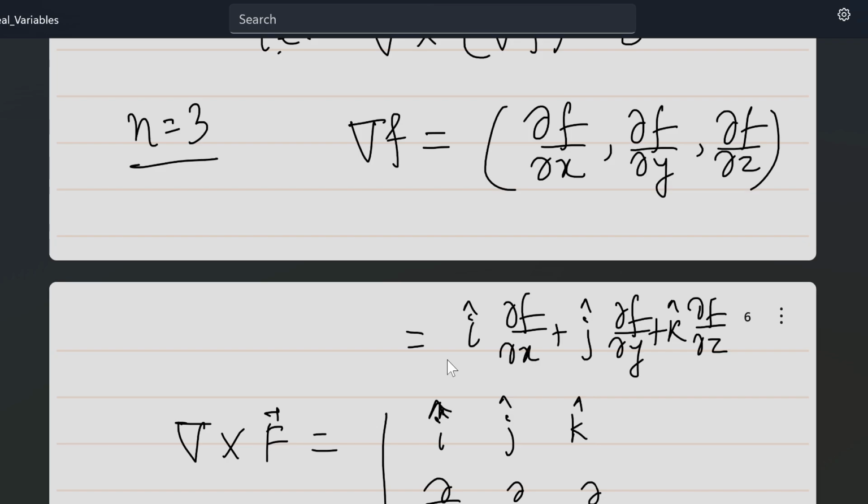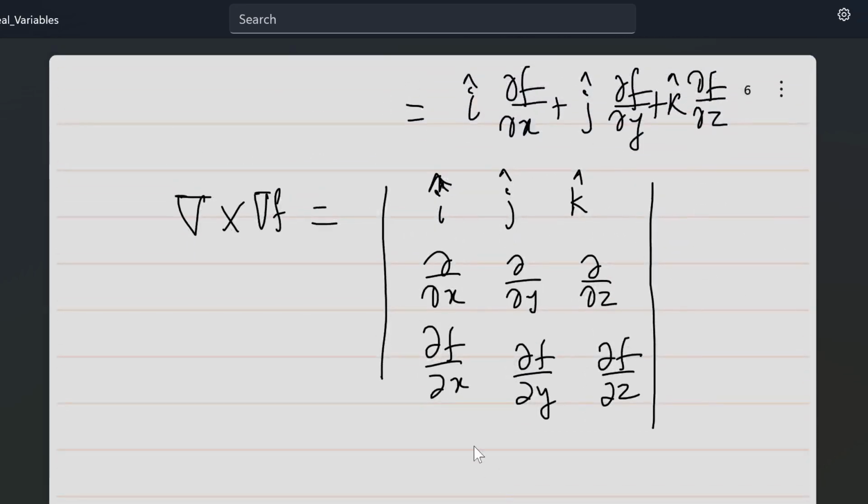Now, what is F here? Capital F means grad f, right? So I'll write grad f. Grad f means del f del x, del f del y, and del f del z. Now you just compute this, very easy. It's just a determinant.